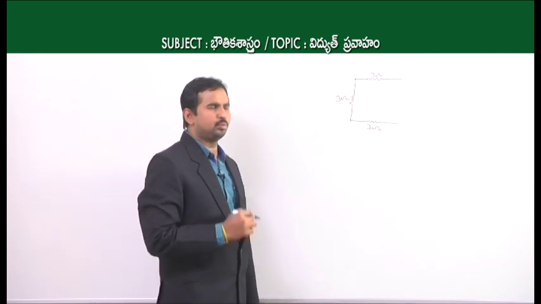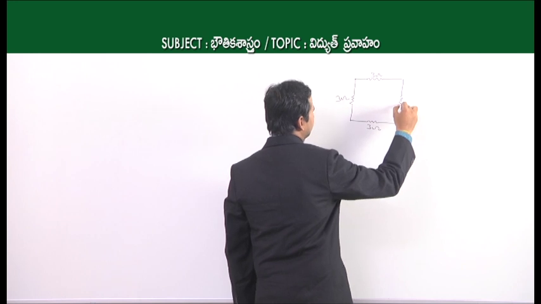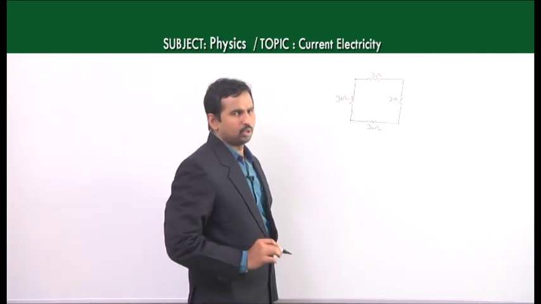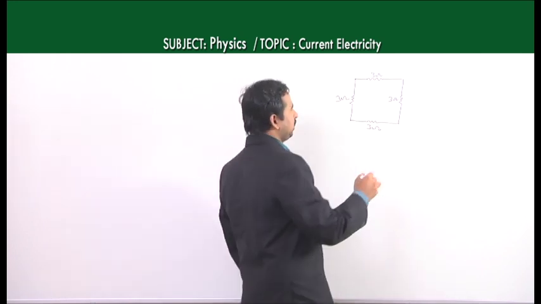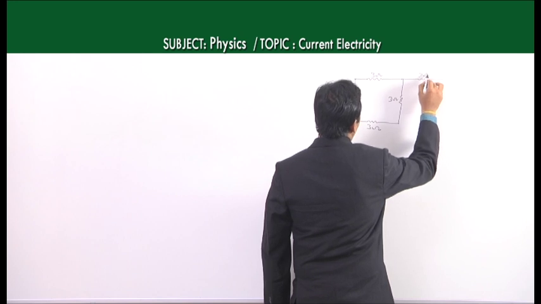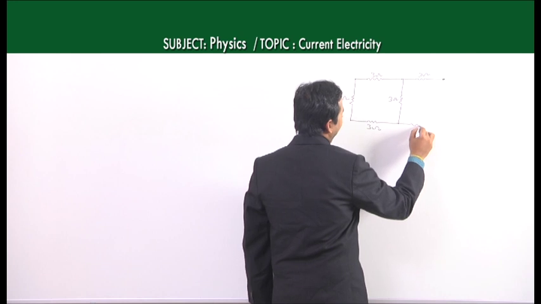This is a 3 ohm resistance, and again it is connected to one more 3 ohm resistance like this. Total 4, and again here we take one more 3 ohm resistance at this point, and another 3 ohms here.